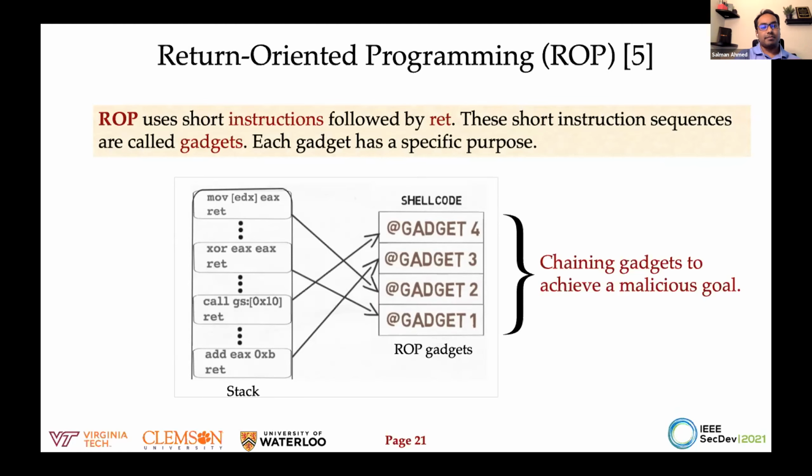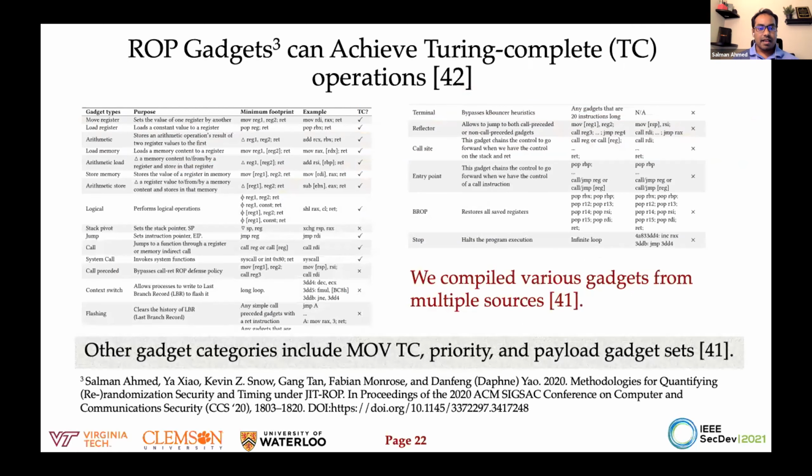Different kinds of these short instruction sequences can do different smaller tasks, and they are usually called gadgets. Once attackers chain these smaller things together, they can perform something big, usually a malicious goal. And it can be as expressive as Turing complete operation.